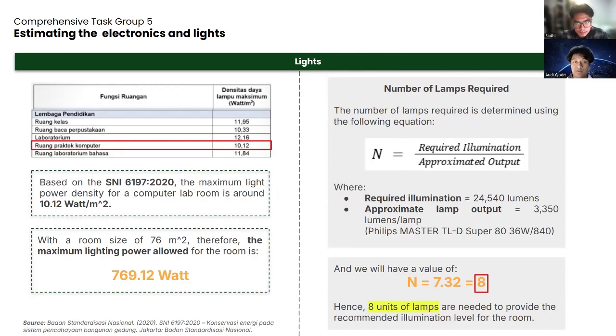So with a room of 76 meters squared, the maximum lighting power allowed for the room is around 769.12 watts. We also estimate the number of lamps we require using our calculation. The value is 7.32, which we round up to 8 lamps.